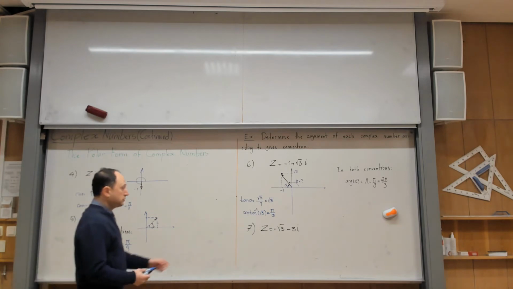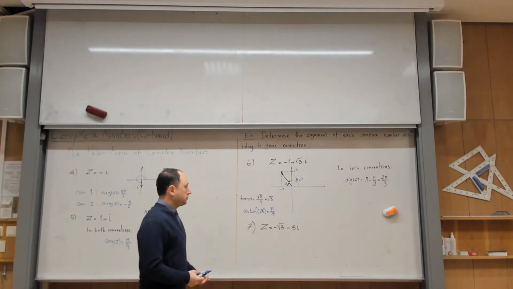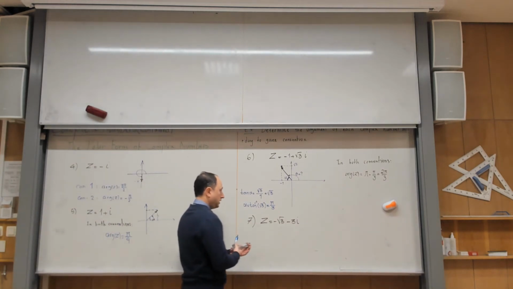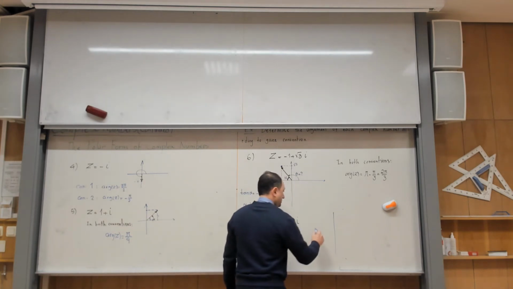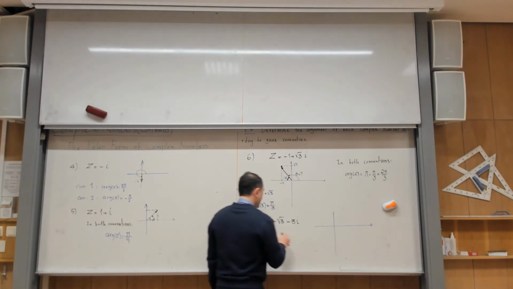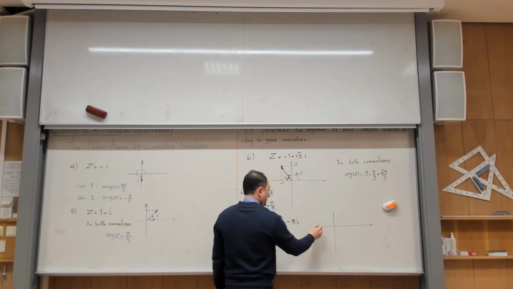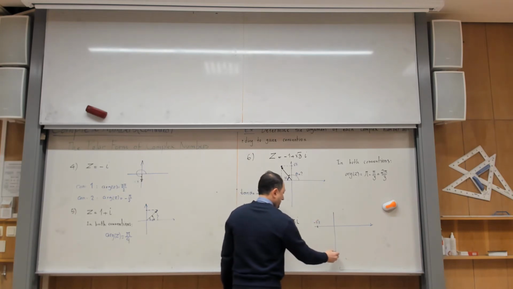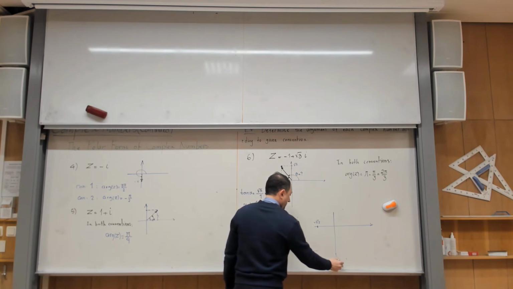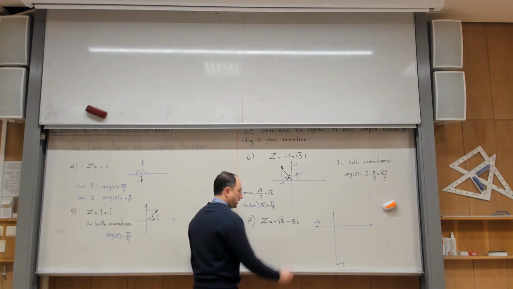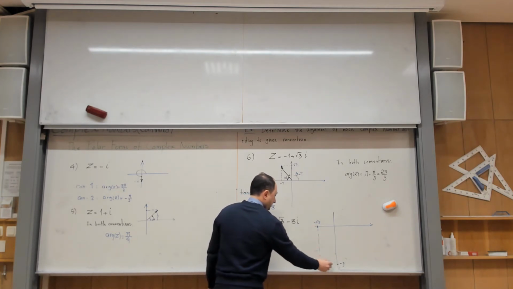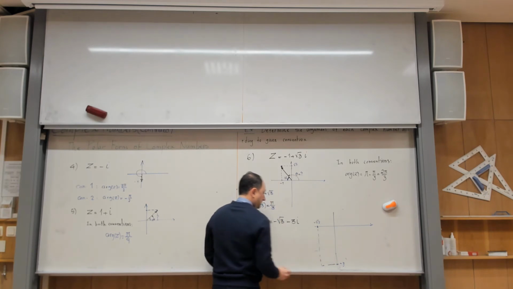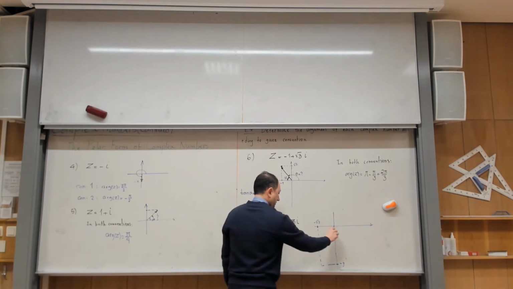So I want to find the argument of this complex number. So first, again, you have to locate it approximately. So the real part is minus the square root of 3, for example, here. And then the imaginary part is probably here, minus 3. And then if you locate the point, this is your vector.